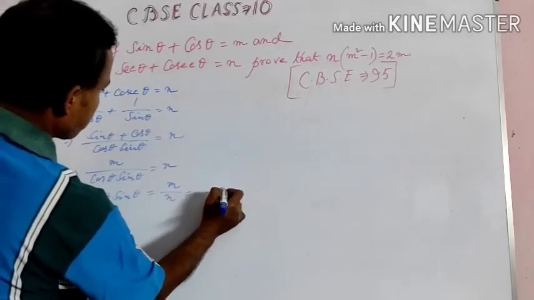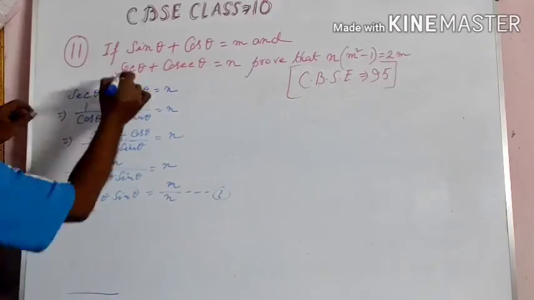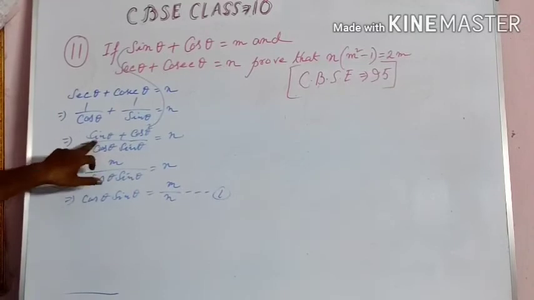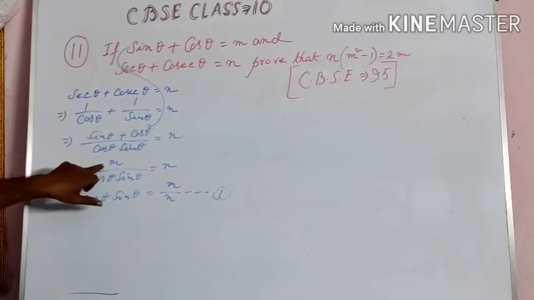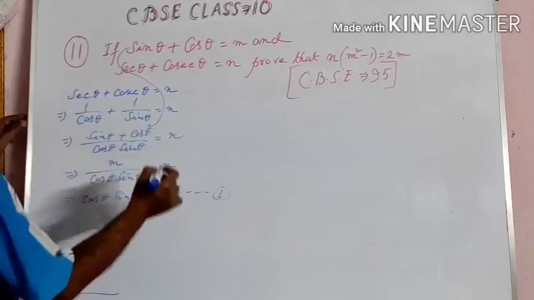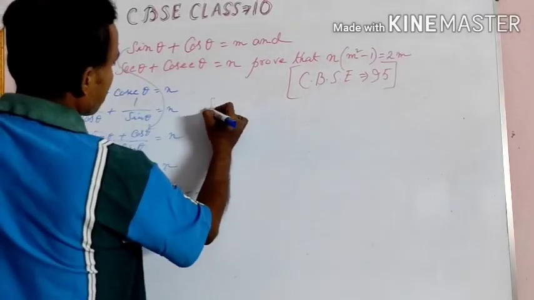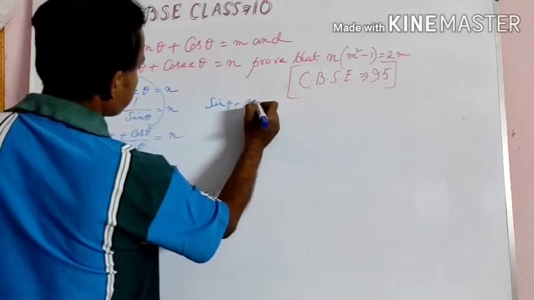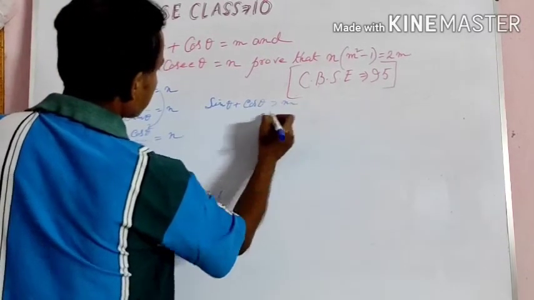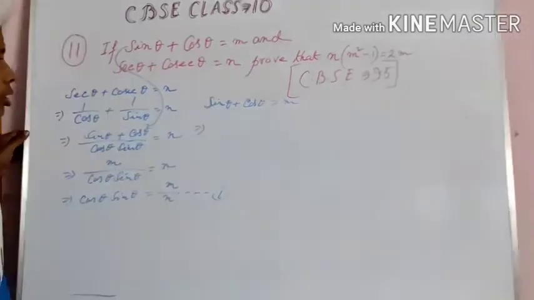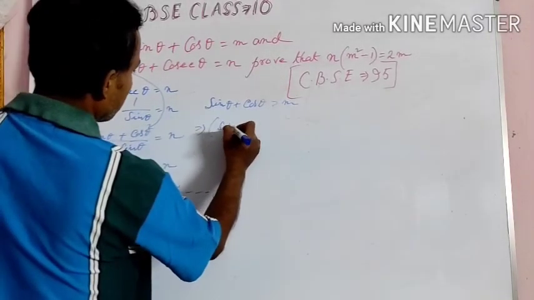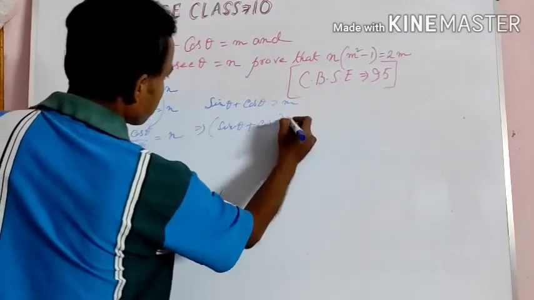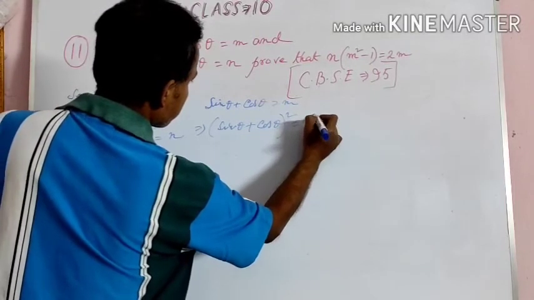This is equation 1. Okay, sin theta plus cos theta is equal to m. Just replace it here. Now from this equation, sin theta plus cos theta is equal to m. Squaring both sides, (sin theta plus cos theta) whole square is equal to m square.